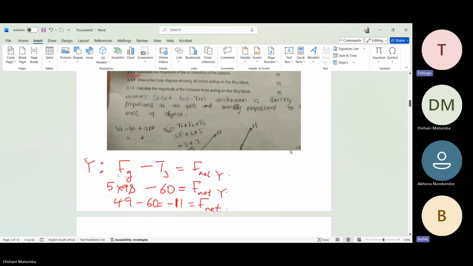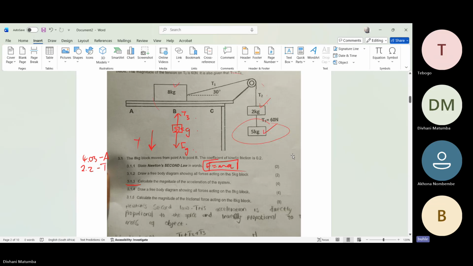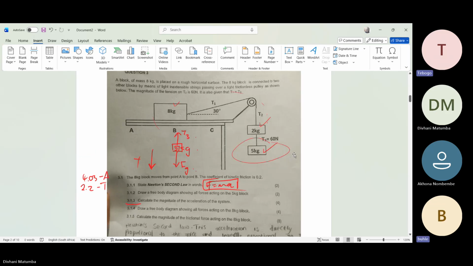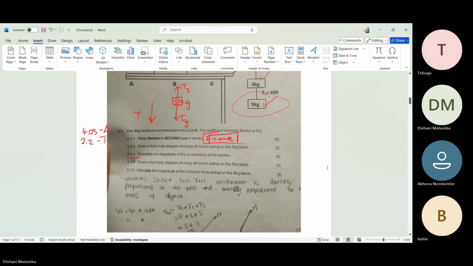Can I please ask a question? Can I please ask something very quickly? Do you mind sharing the question paper so that we can also practice? Oh, okay. Let me share all the question papers, because I got them from Katlego.